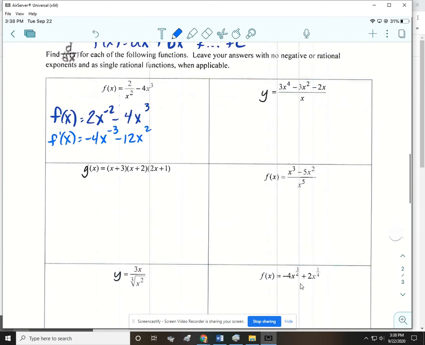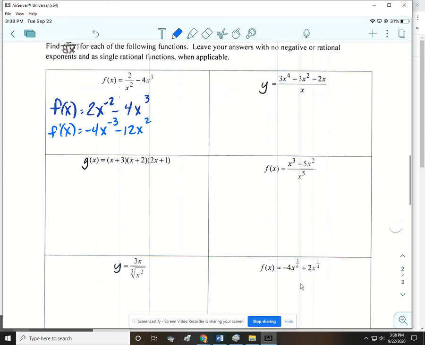Now, the directions say to leave your answers with no negative or rational exponents, and as a single rational function when applicable. So this should also be written like if we don't want a negative exponent, we would write it as negative 4 over x cubed minus 12x squared.